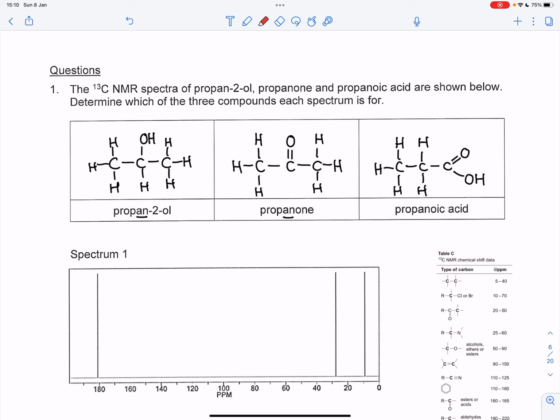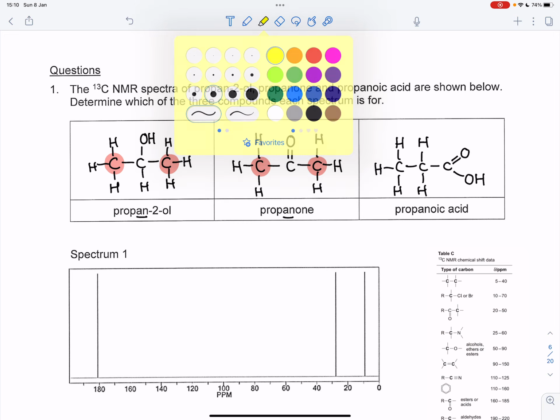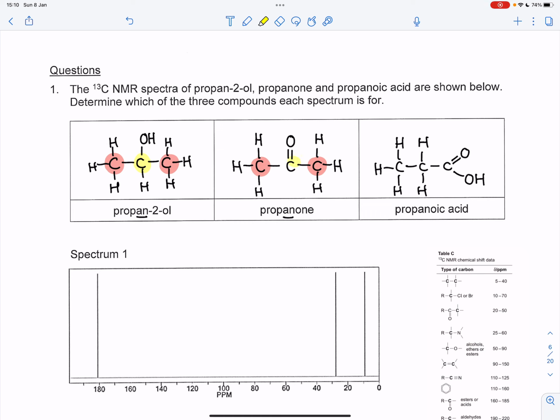The first thing we can do is remember that we've learnt that carbon-13 gives us a peak for every unique carbon environment. So what we can do is look at the first 2 structures and notice that they're symmetrical around the central carbon. And so the 2 exterior carbons in both of these 2 structures are the same as each other, and the central carbon is unique.